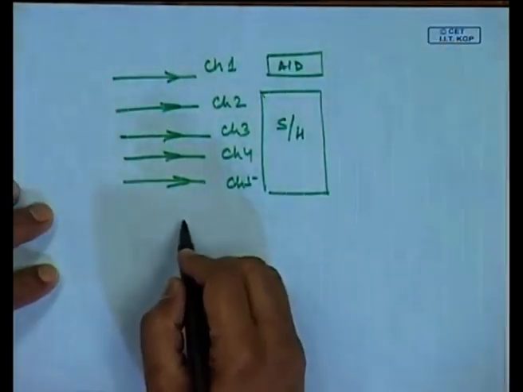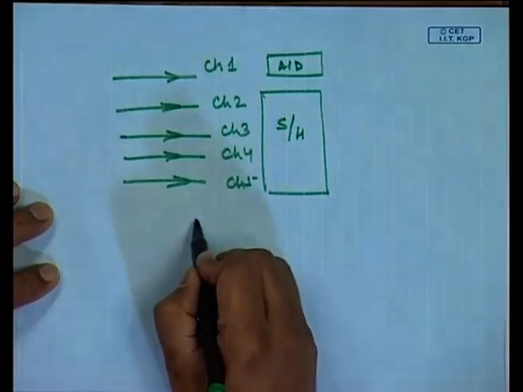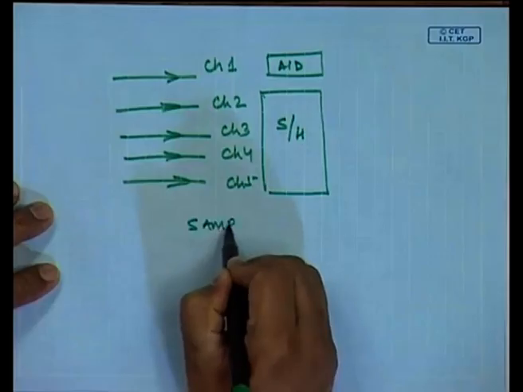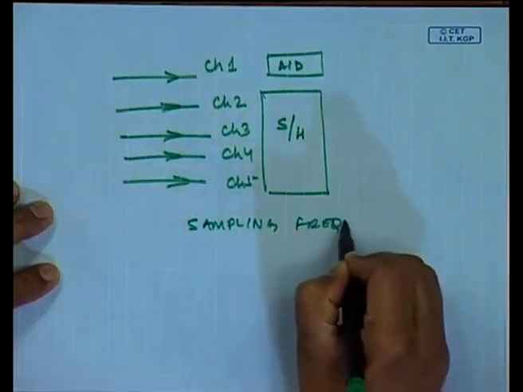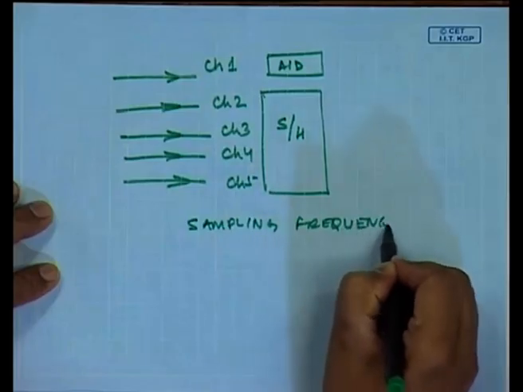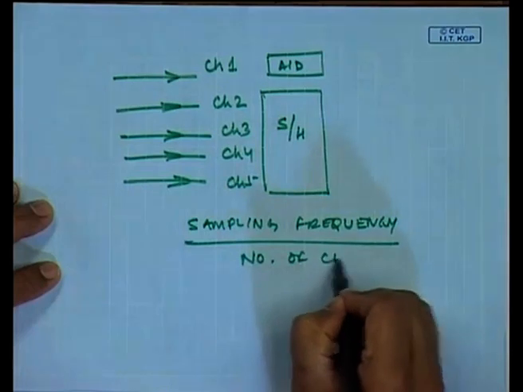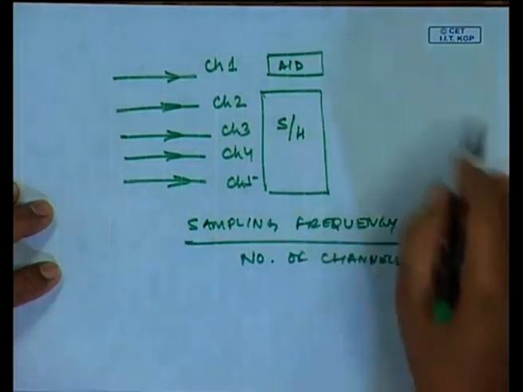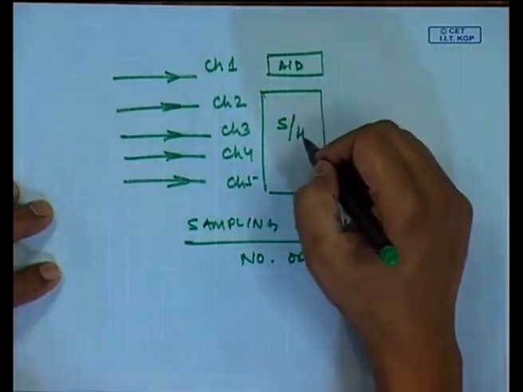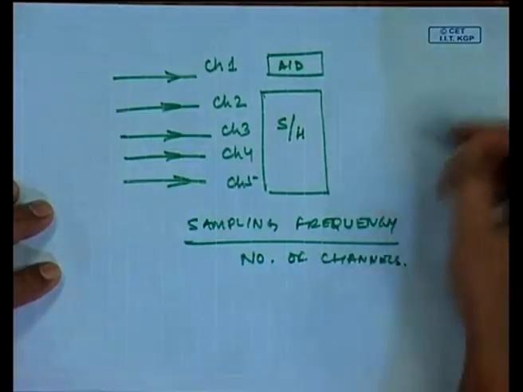So, the effective sample rate per channel becomes the sampling frequency divided by the number of channels, and such a method of holding the signal is known as multiplexing or switching.